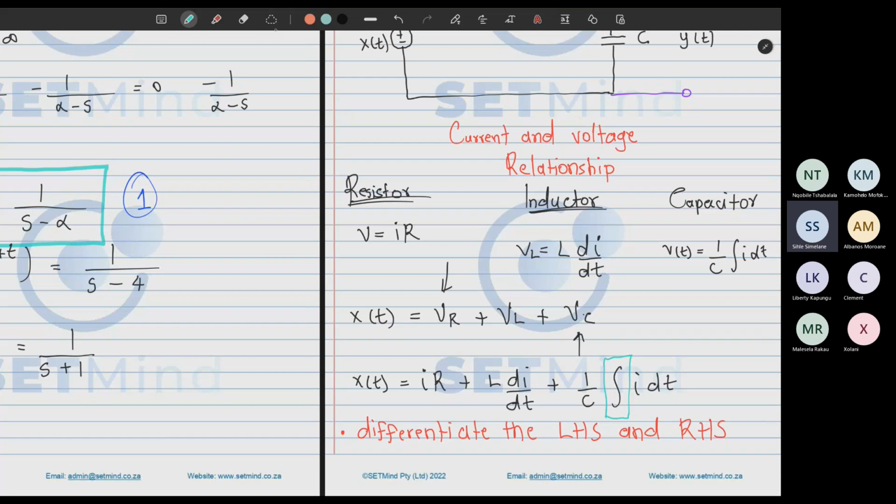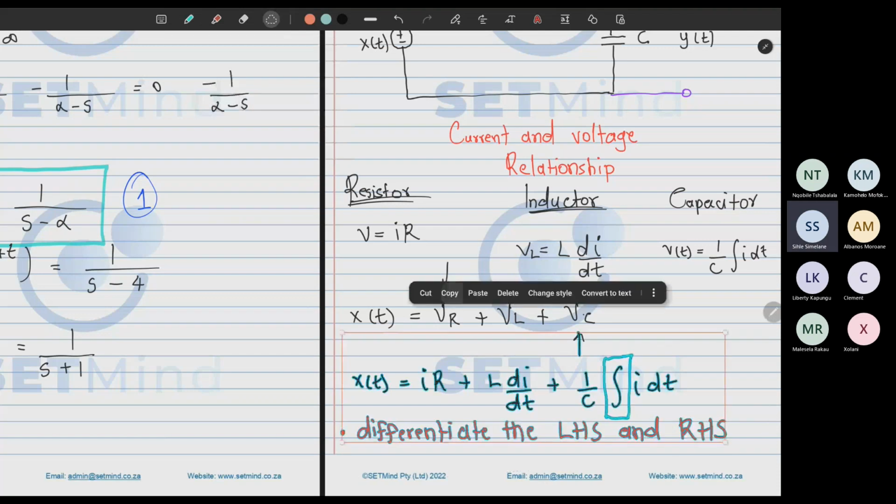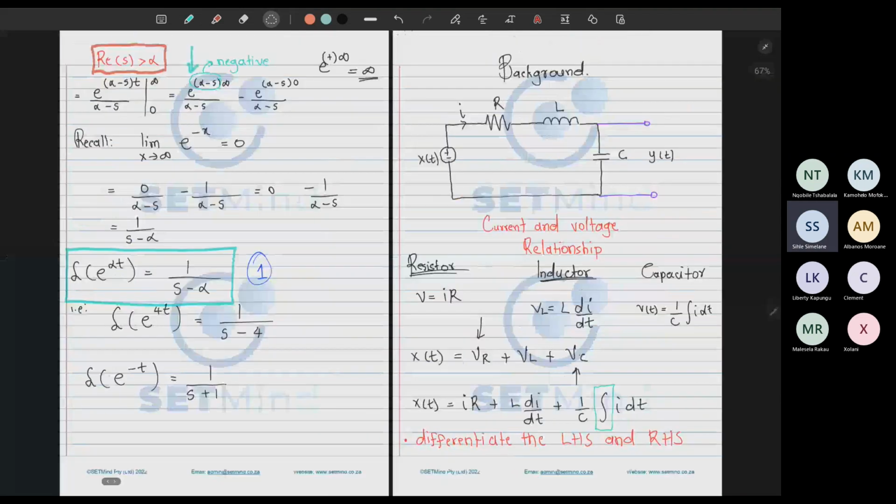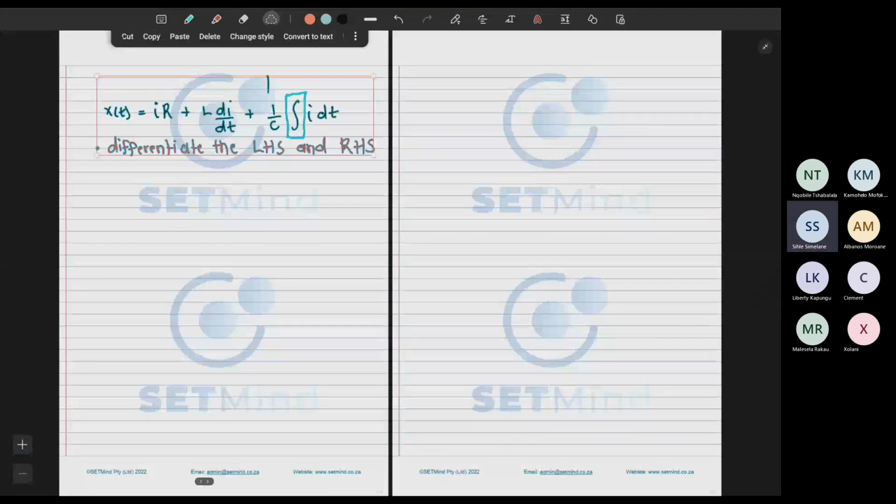So let's copy this to the next page and see that, look, our easy circuit turned out to be a differential equation. Let's paste here.